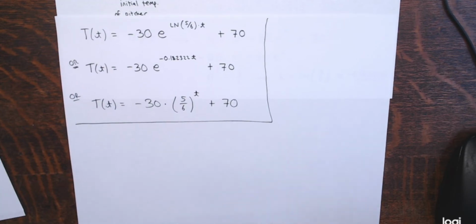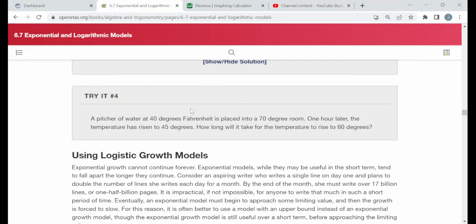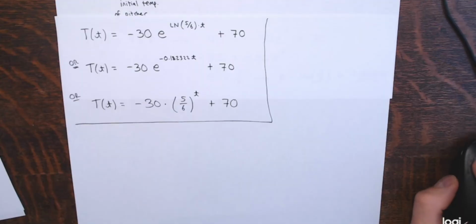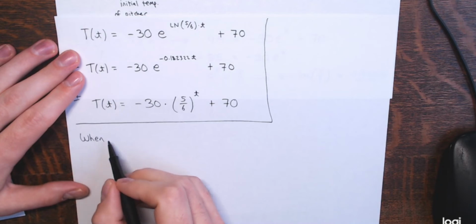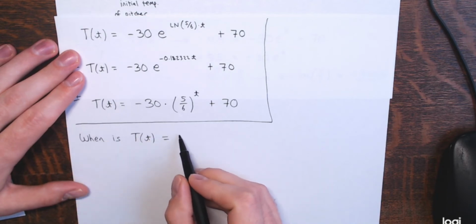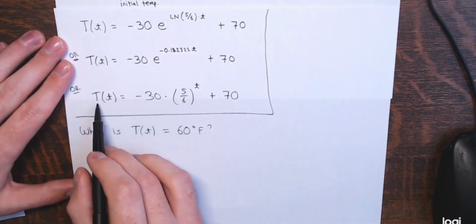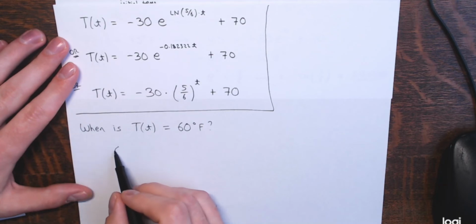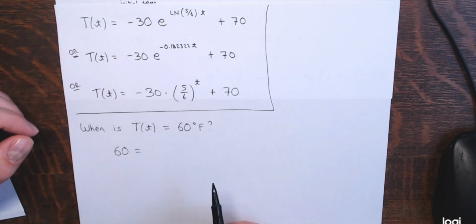All right, now the question was, when will it be 60 degrees, right? How long will it take for the temperature of the pitcher to rise to 60 degrees? So when is the temperature of the pitcher, capital T, equal to 60? So I just replace capital T with 60, that's the left side here, and then we'll have an equation that we solve for little t, right, we'll solve for time.